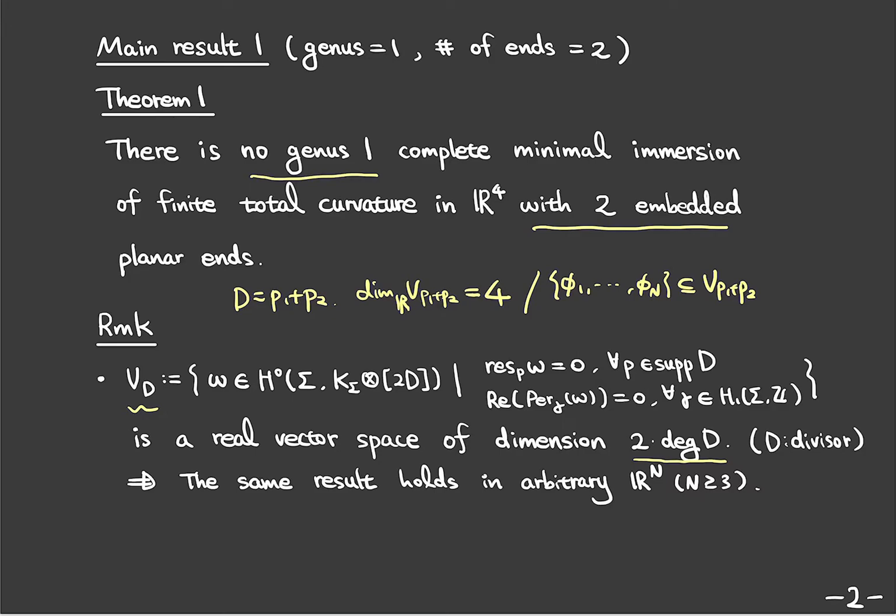As it has real dimension 4, the resulting minimal surface should be contained in some four-dimensional affine subspace. So it is in R4, in Rn. This implies that the same result also holds in arbitrary Rn.